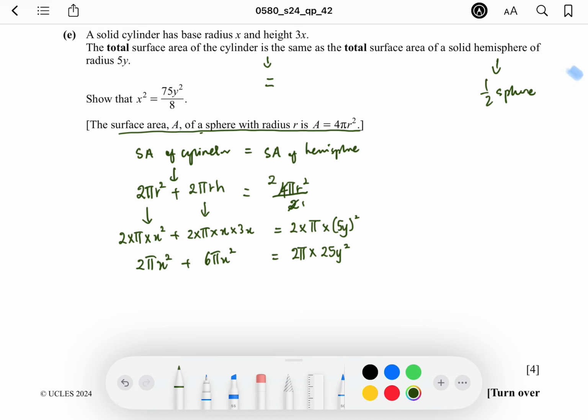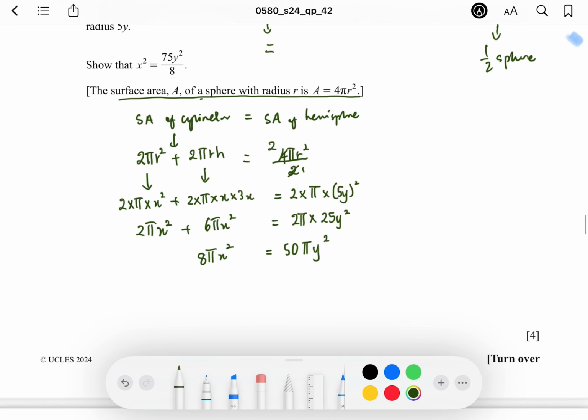So 2 pi 6 pi berapa? 8 pi. Pakai kalkulator ke Razik? Allah. Mana yang kau pakai kalkulator ni? Okay. 2 times 25, 50 pi y square. Macam ada salah. Macam ada salah saja. Tak apa.